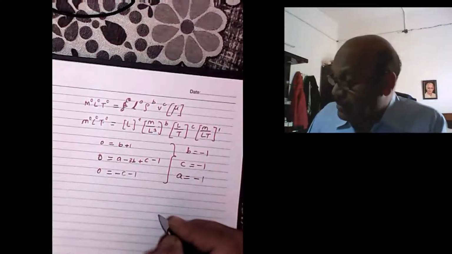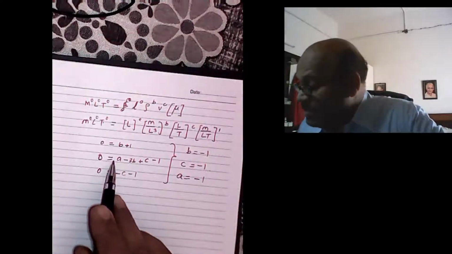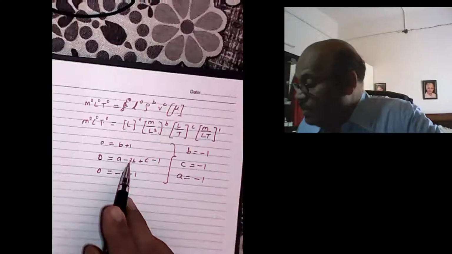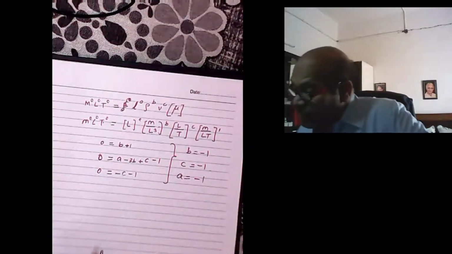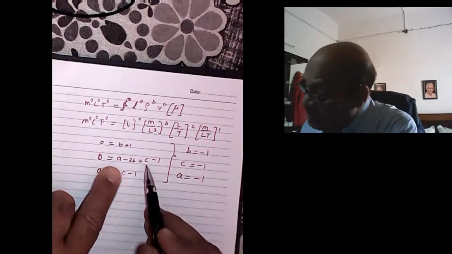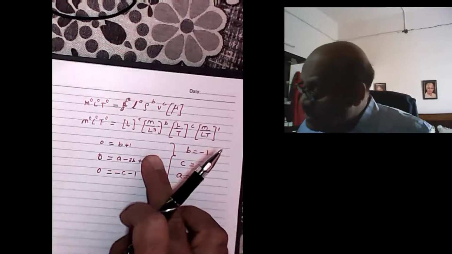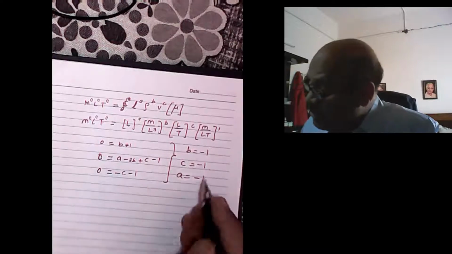So a equal to minus 1. Okay. Look at this. A equal to minus 1 plus 3, so minus 2, no, b equal to minus 1, c equal to minus 1. So this cancels, and b equal to minus, so plus 3, a equal to minus 3.